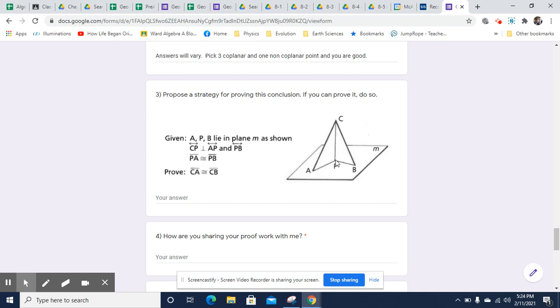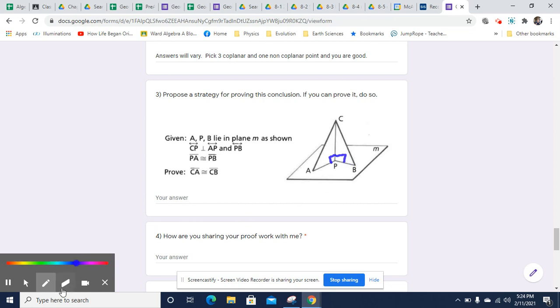We've got these three points on the plane. We know CP is perpendicular to AP. So let's label what that means. That means that that is a right angle. We also know that it is perpendicular to PB. So then that is also a right angle. All right, now we have an angle.